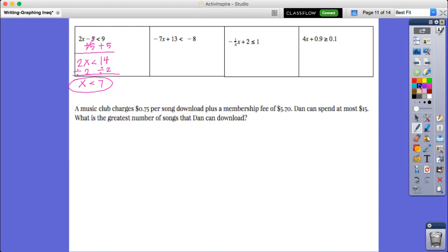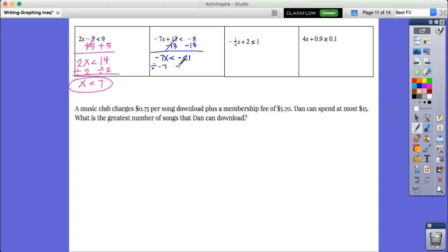All right, let's get this one in. The first thing we're going to do is subtract 13 from both sides. All right, so we're going to get negative 7x is less than negative 21. That negative 7 is being multiplied to that x, so we're going to divide both sides by negative 7.